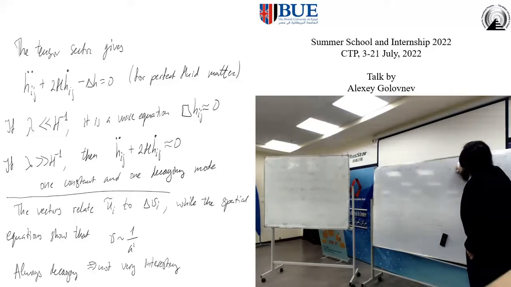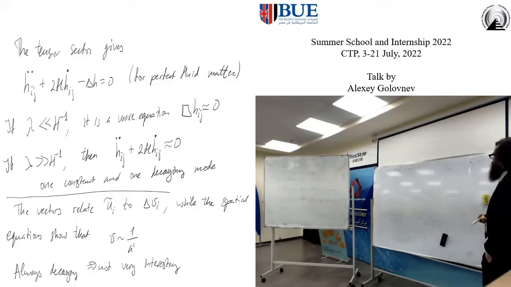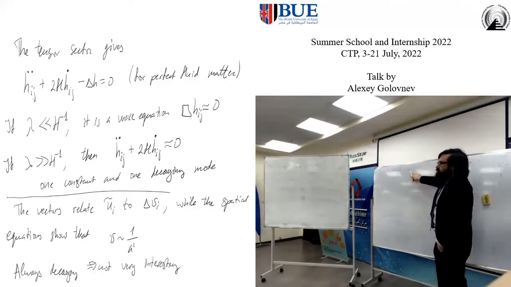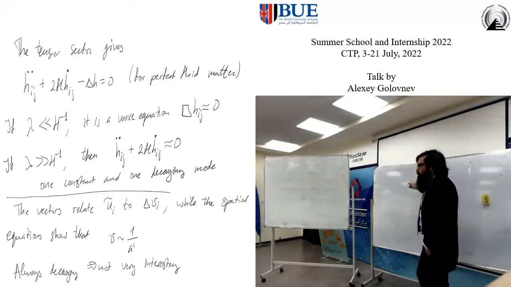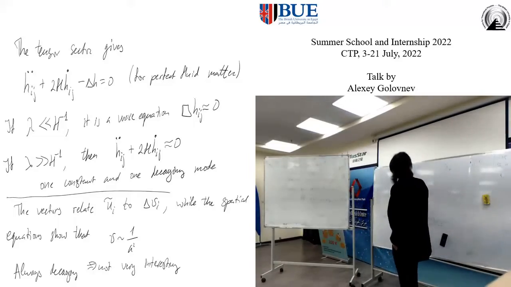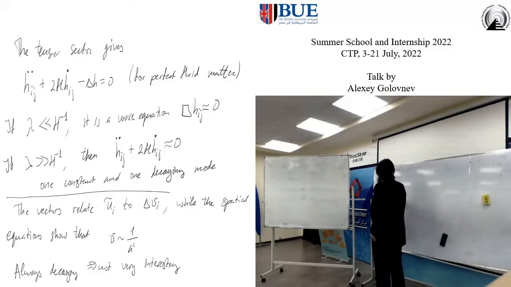If vice versa, you go for very long wavelength, then you can neglect the Laplacian here. Laplacian is almost 0, and then basically you have h double dot plus 2h dot equals 0. How can you solve it? One thing is h dot is 0, which means that h is constant.